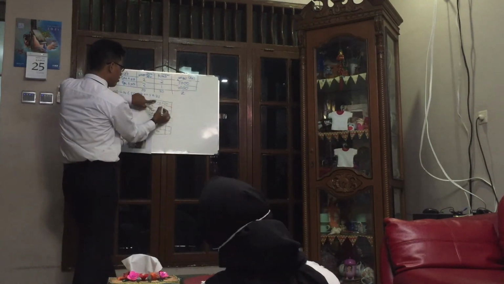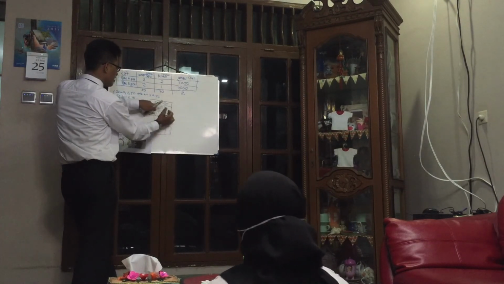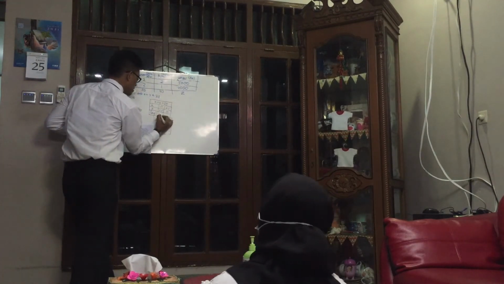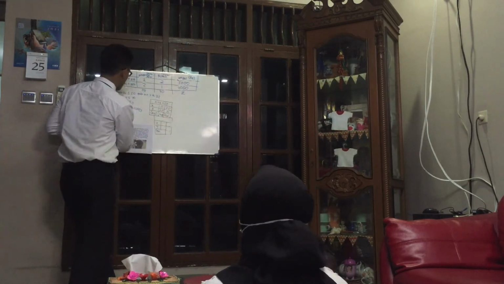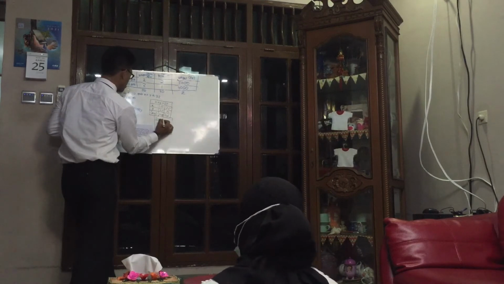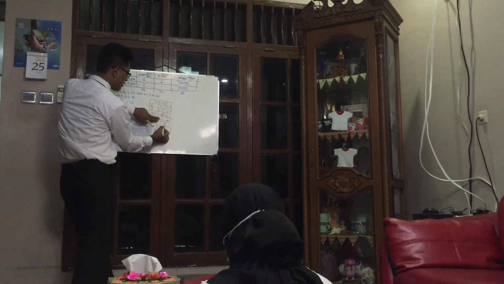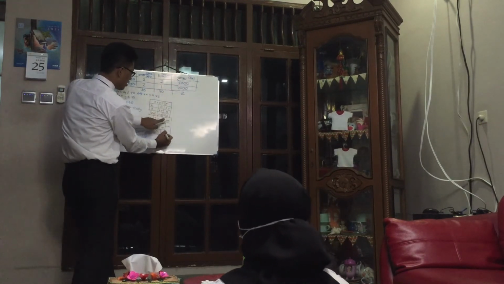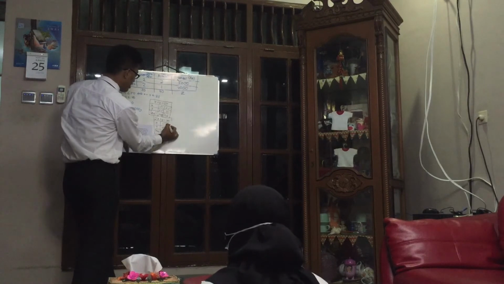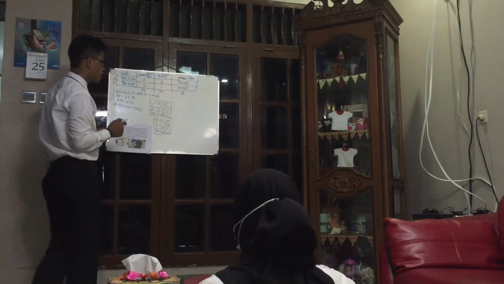If x is 0, y is 25. If y is 0, x is 25. So the points are 0, 25 and 25, 0. For the next, 2x plus y equals 40. If x is 0, y is 40. If y is 0, x is 20. Okay, so we found all the points.